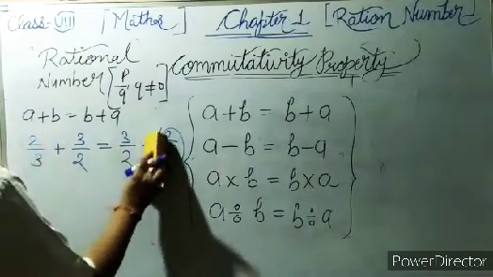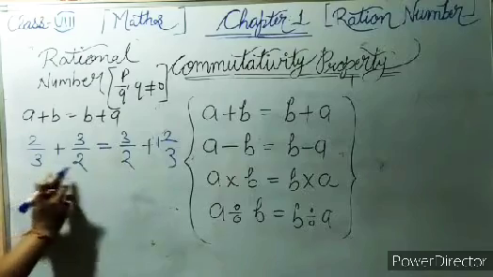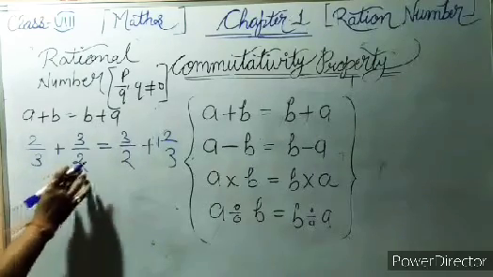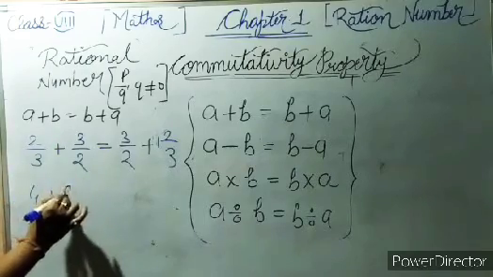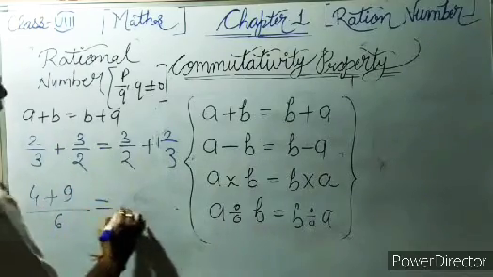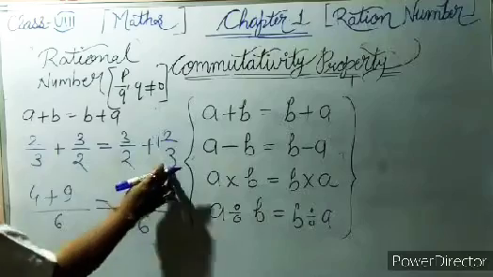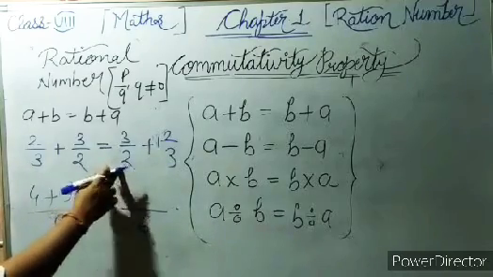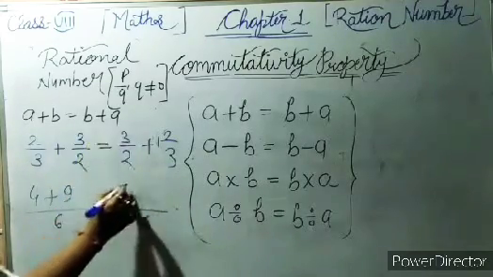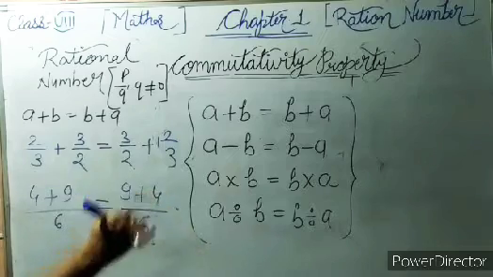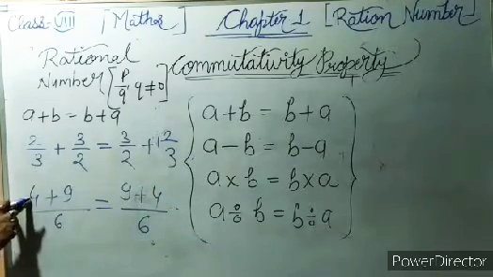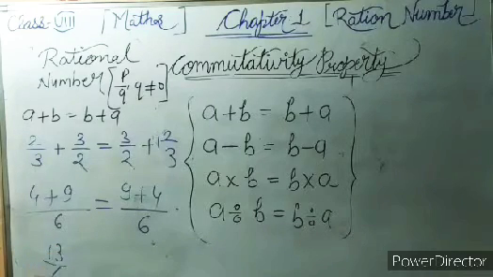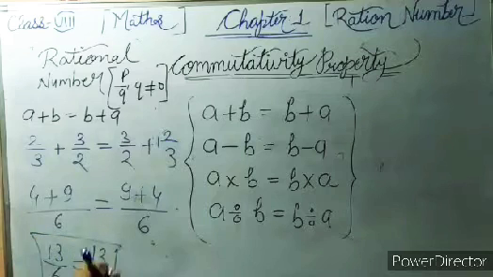Now we will solve this. For the LCM, we will get 6. If we multiply by 2 here, we will get 4, and 3 times 3 is 9. For the same, if we take the LCM, we will get 6, and here we multiply 3 times 3 is 9 and 2 times 2 is 4. You see, 9 plus 4 is equal to 13 divided by 6, and the same here, 13 divided by 6.